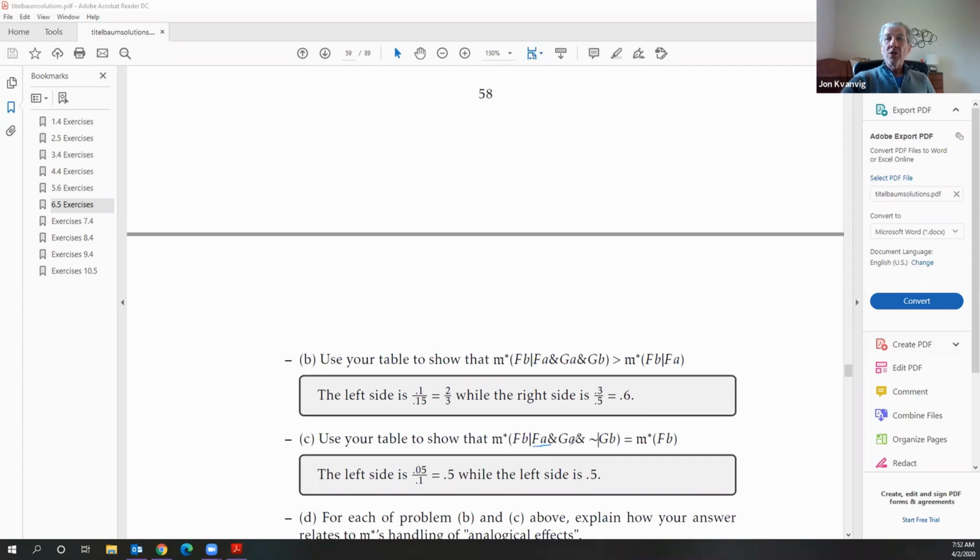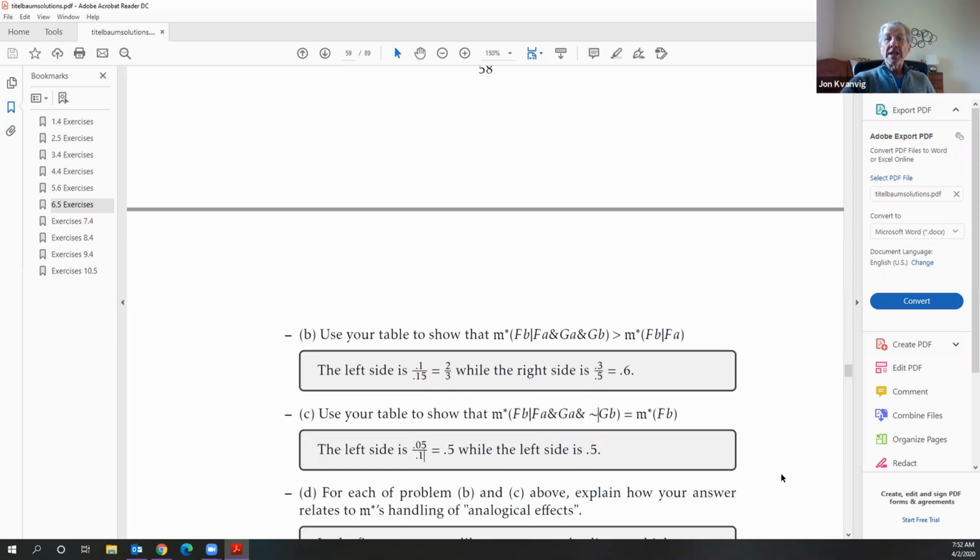There are two lines that realize this condition, FA, GA and not GB, and each of them has a probability of 0.05. So our denominator is 0.1. 0.05 divided by 0.1 is 0.5. So the M star measure on those two are the same.